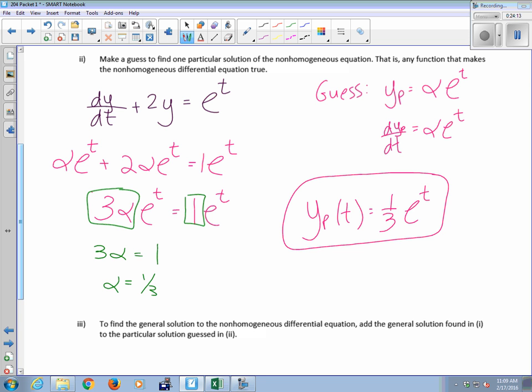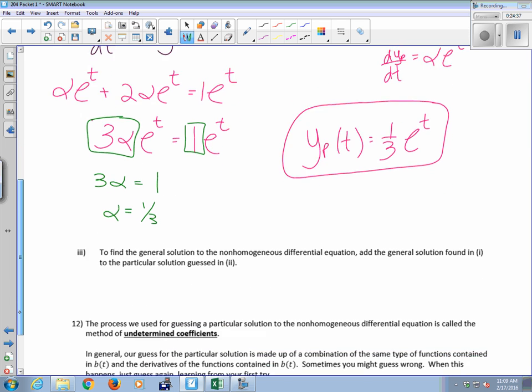A good trick of the trade is your second guess will often just throw a t onto it as another factor. Don't know why it works, but it does. So keep that in mind when you're doing the activities. If your first guess doesn't work, sometimes it works to just add another factor of t to your guess.